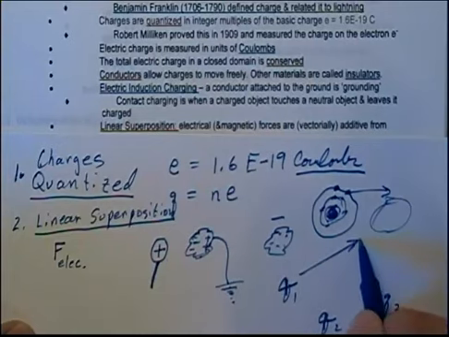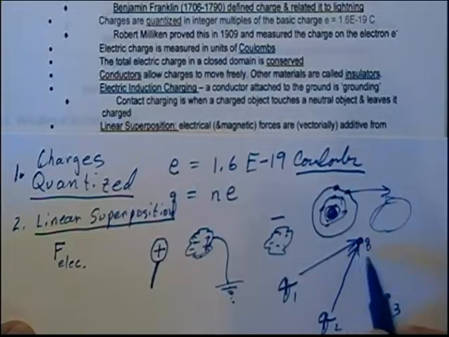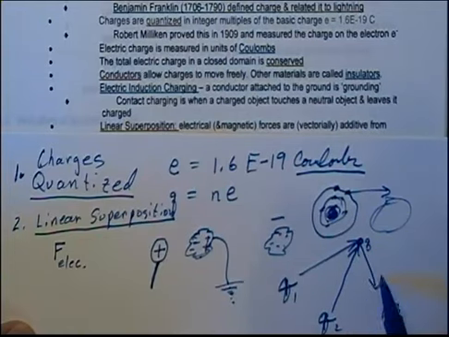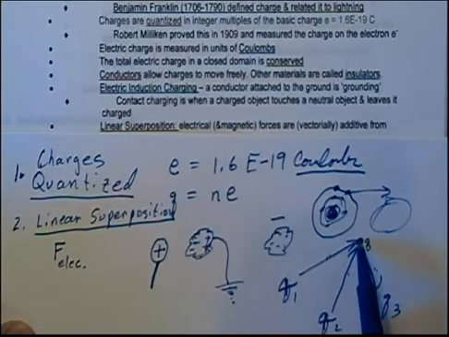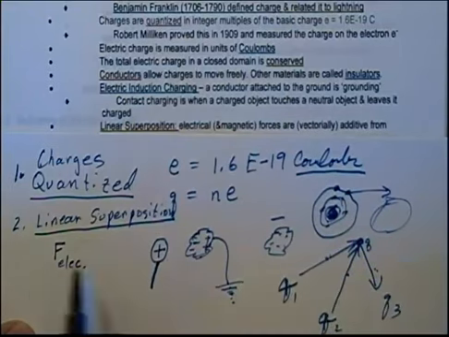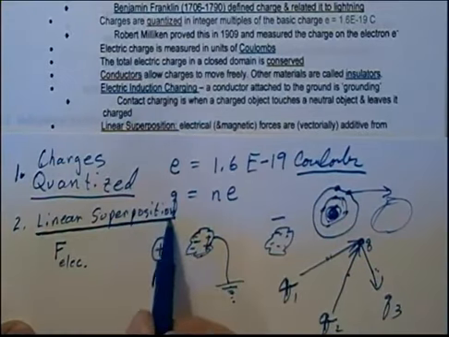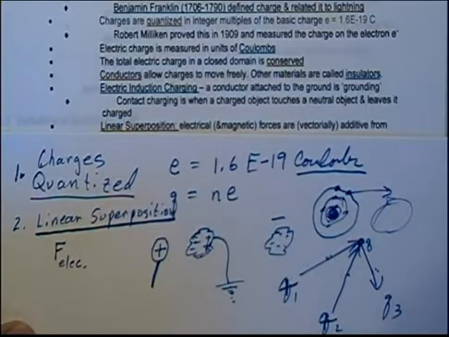Each of these will exert a force on a charge Q here. These might be repulsive forces pushing on it, this might be an attractive. If I add up these force vectors, the total force on this charge is always the linear vector sum of these charges.